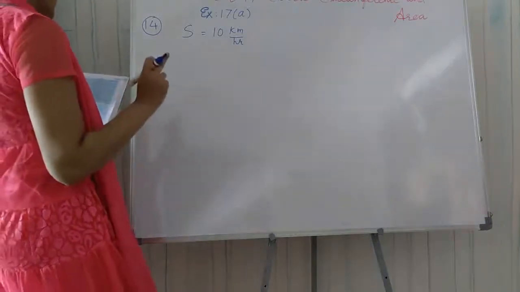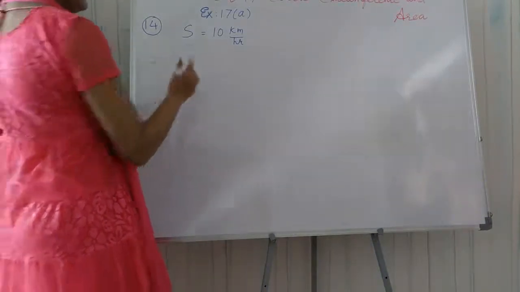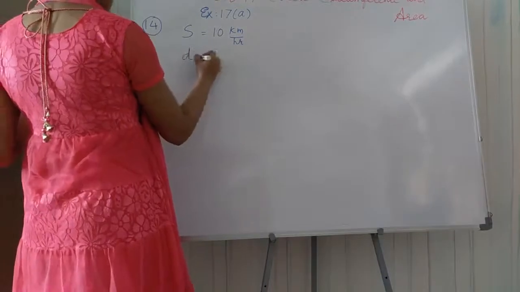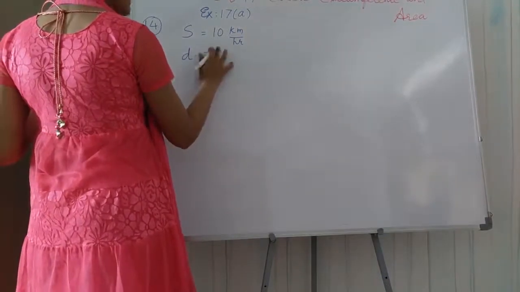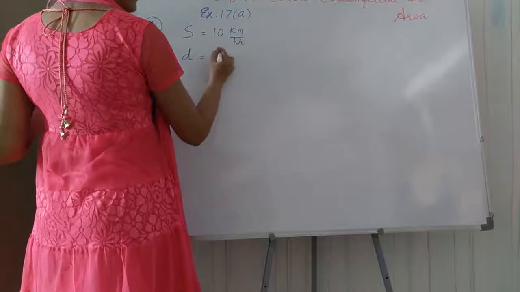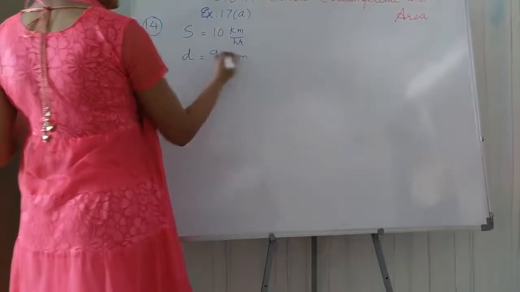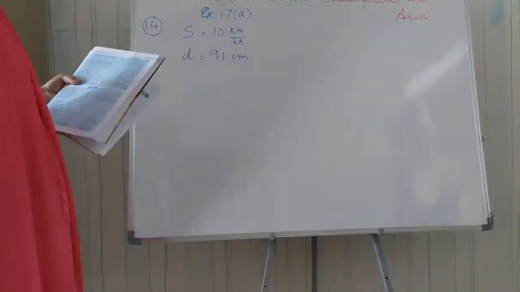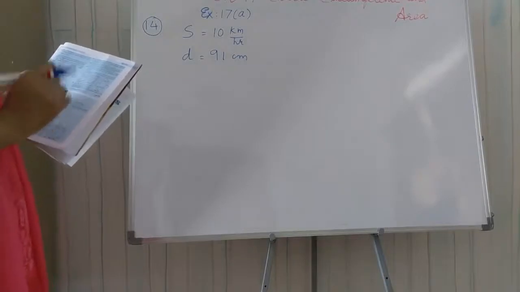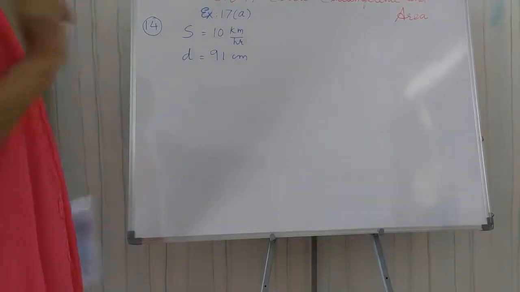If each wheel is 91 centimeters in diameter, the diameter is given, 91 centimeters. So you can use this diameter to get the circumference. Find the number of revolutions made by each wheel per minute.